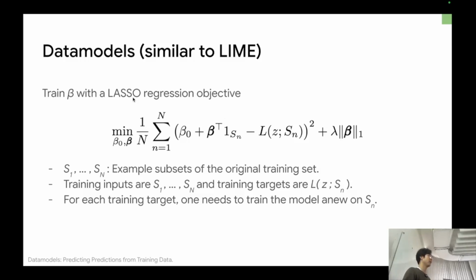Okay, so this is also called lasso regression. If you have L2 loss for the fidelity term, and you have an L1 regularization term, then this is called lasso. Again, the caveat is that you need to come up with some example subsets of the original training set, and then you need to have the ground truth loss value for each of these cases.